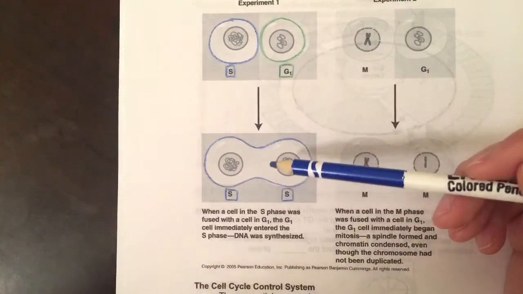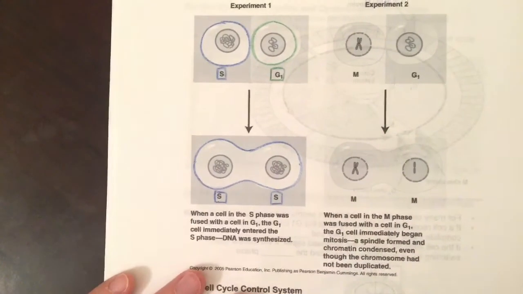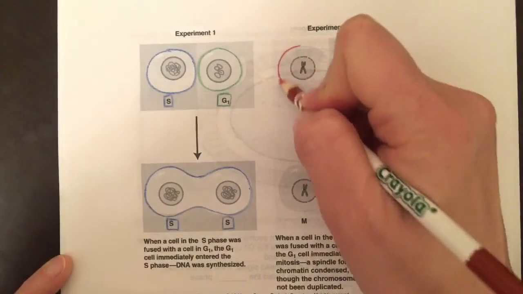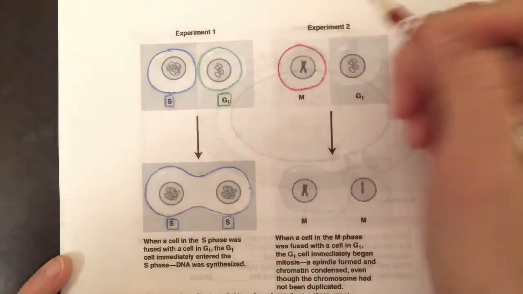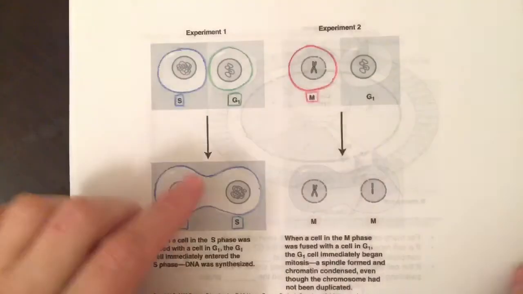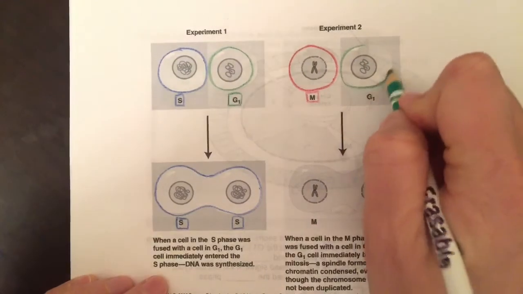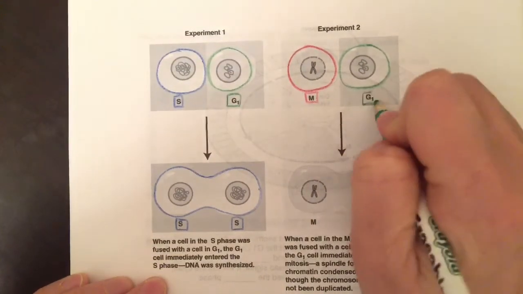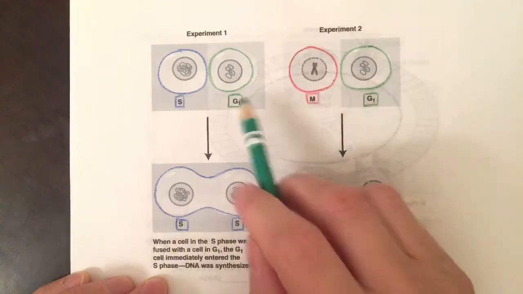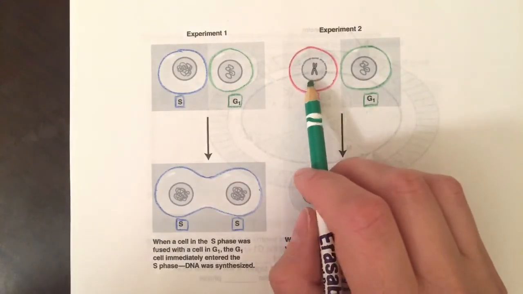So then they did another experiment where they took one cell in the M phase, and the second one is still in the G2 phase. They took one that's further in the cell cycle.